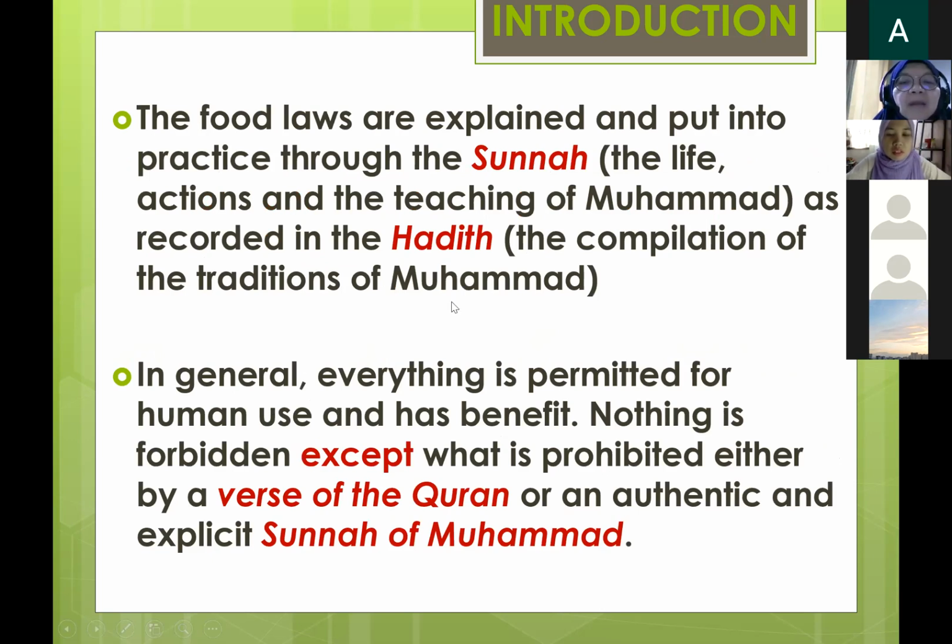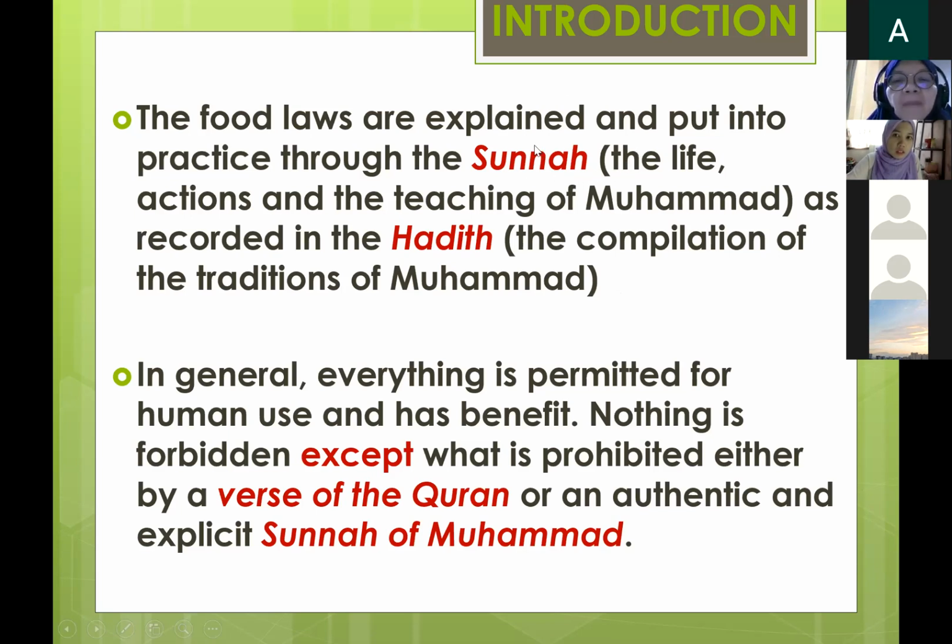What is Hadith? Hadith is the compilation of the tradition of Muhammad. When I say Muhammad, I would like to say peace be upon him. In Arabic it is Sallallahu Alaihi Wasallam, SAW for short, and in English you say PBUH. The Hadith, as I said, is a compilation of the Sunnah.